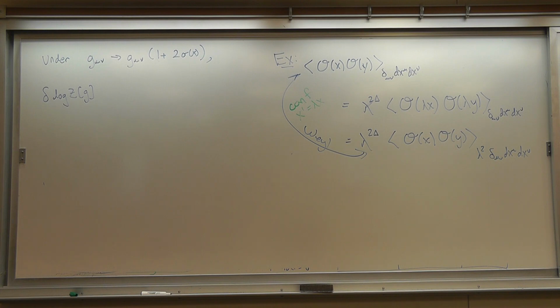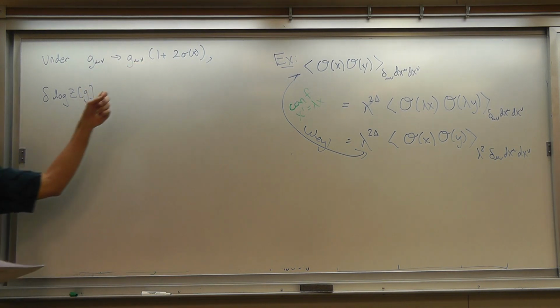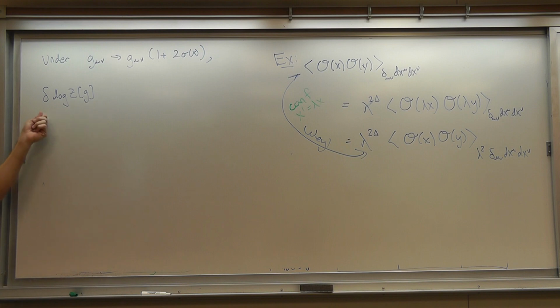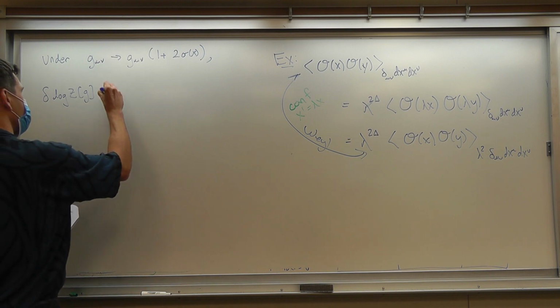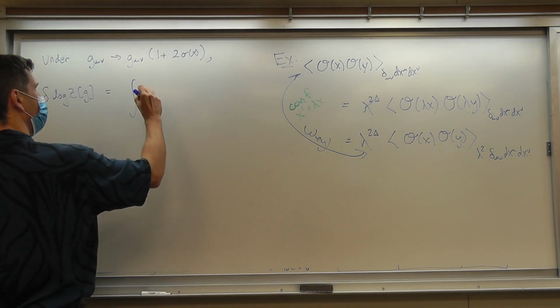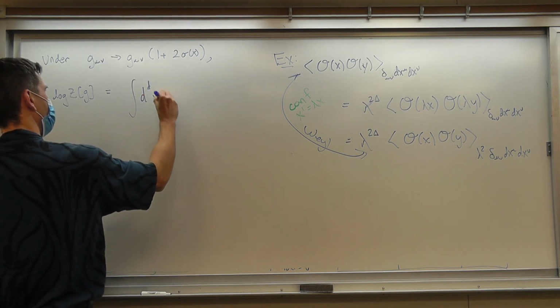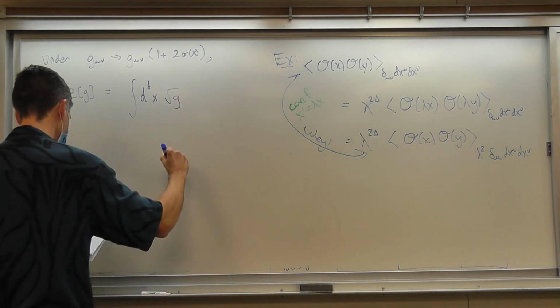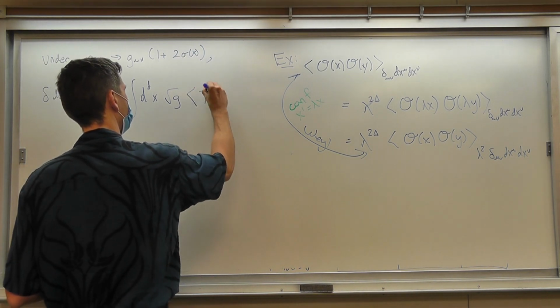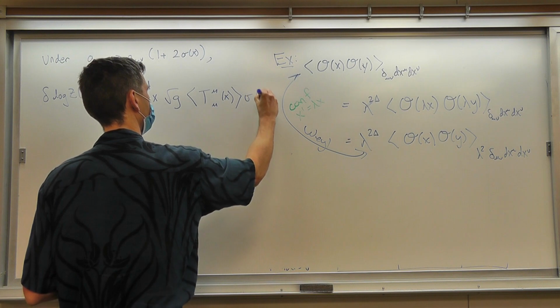So infinitesimally, a Weyl rescaling just rescales the metric. So now we're going to see how that acts on the partition function. And by the definition of the stress tensor, this is the trace. Because we're rescaling the whole metric, so this is integral d^d x root g T mu mu of x sigma of x.